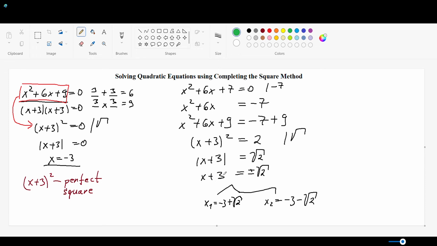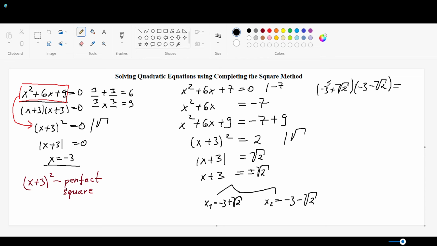It's not a real check and it's not enough, but I can still do this kind of check when I multiply these two roots: minus 3 plus square root of 2 times minus 3 minus square root of 2. What am I expecting? What will be the product of this multiplication? For those of you who said it's going to be the number 7, you are right.